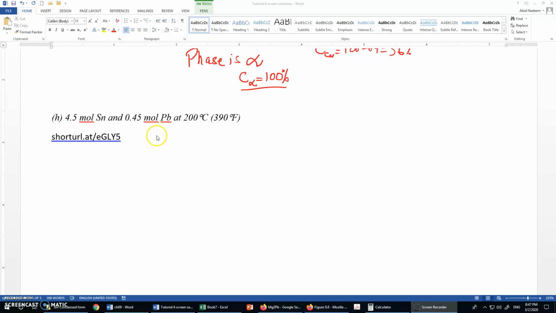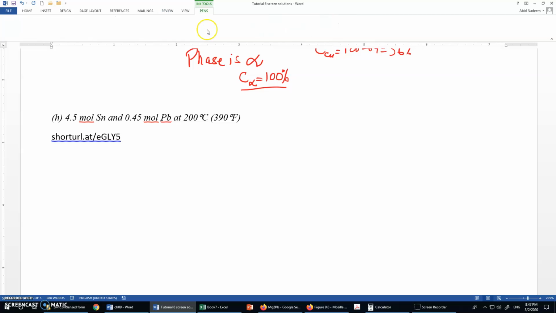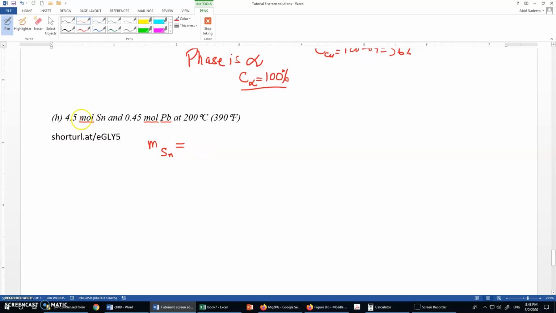First of all, find the weight from the moles. So the mass of tin is equal to 4.5 times the atomic weight of tin, which is 118.71, and the mass of lead is equal to 0.5 mole of lead multiplied by the atomic weight of lead, which is 207.2.